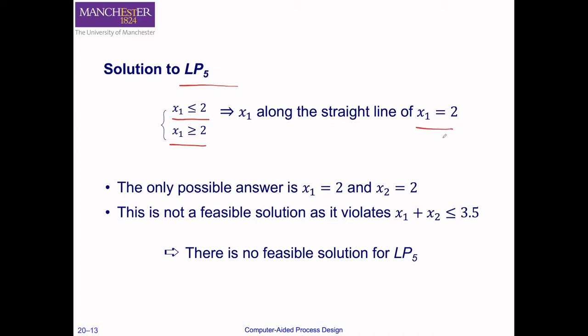Similarly, we also have the constraints for x2: x2 is less than or equal to 2, and also x2 is greater than or equal to 2. That means x2 can only take value 2. However, when x1 is equal to 2 and x2 is equal to 2, this constraint is not satisfied. This is why there is no feasible solution for LP5.